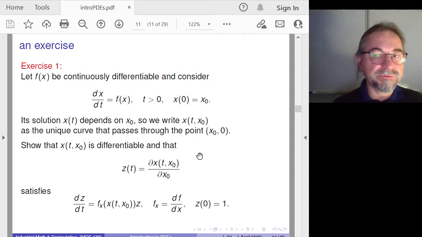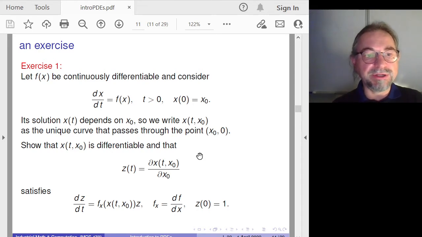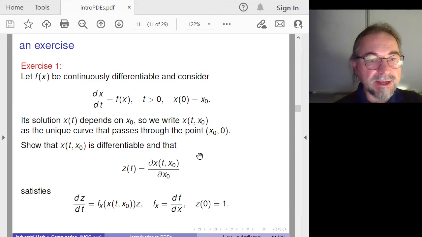So we have the first variable, which is time still. The second variable is now our initial position. Show that you have this partial differential equation. At the left you have the derivative with respect to time, and at the right you have the derivative with respect to space.